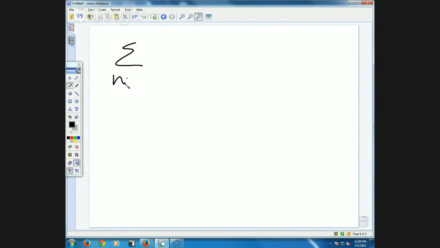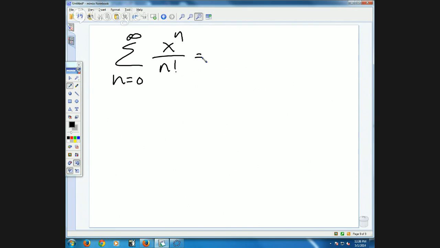Sum, as n goes from 0 to infinity, of x to the n over my favorite thing, n factorial. I love n factorial. All right, so if I list some terms here, if n equals 0, does anybody remember what 0 factorial is?